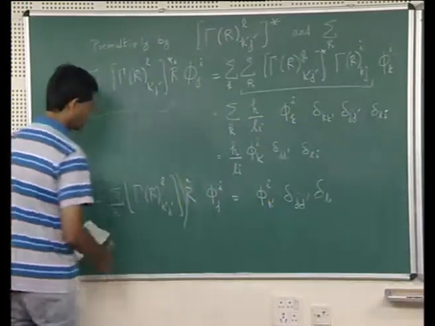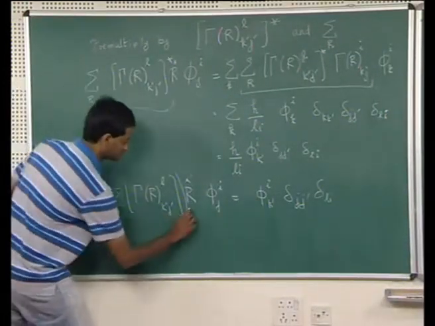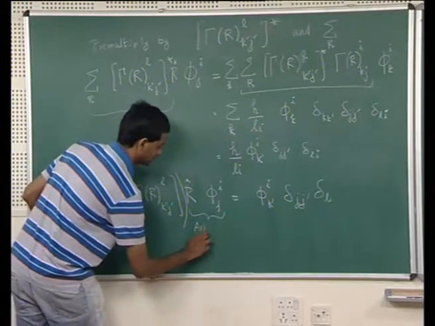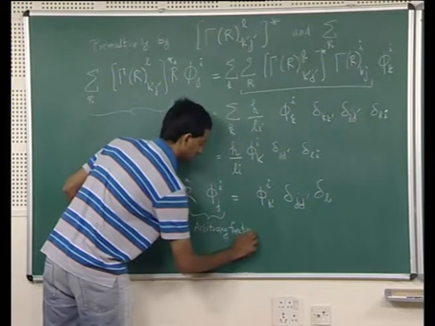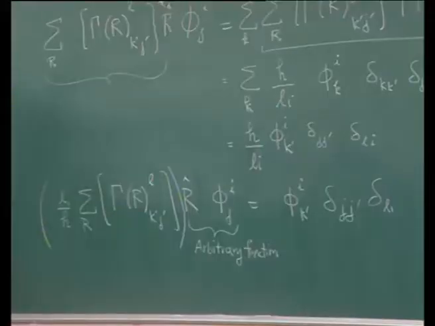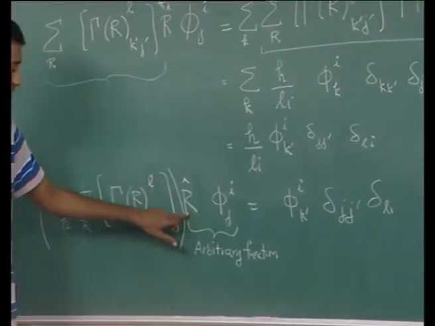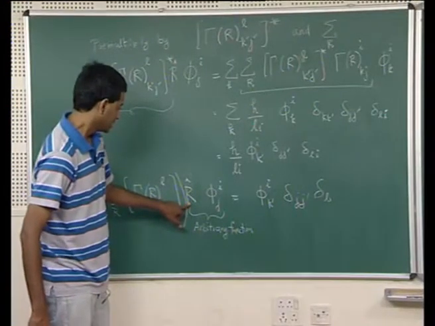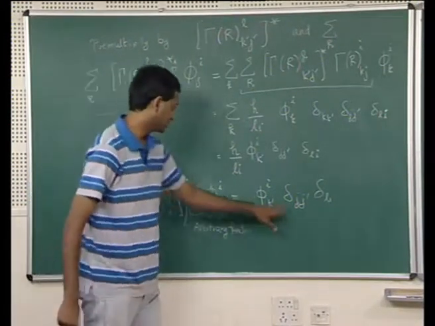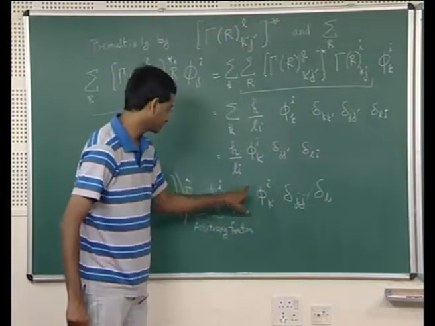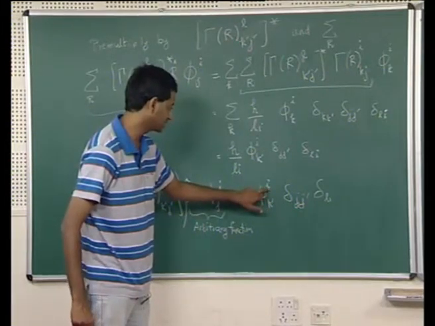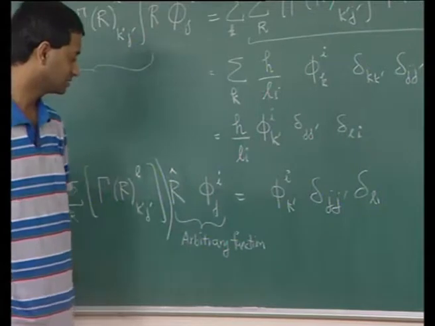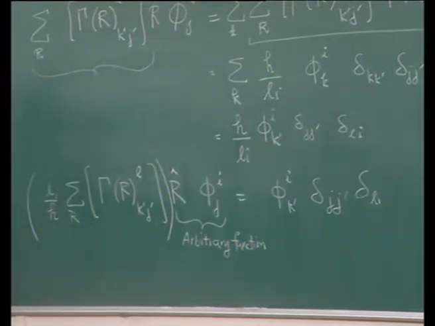So what is happening here? This is an arbitrary vector, an arbitrary function. If you think of this as some arbitrary function, then this operator acting on it gives you various delta functions, and it gives a function in the ith irreducible representation, and it gives something related to the k prime basis function.